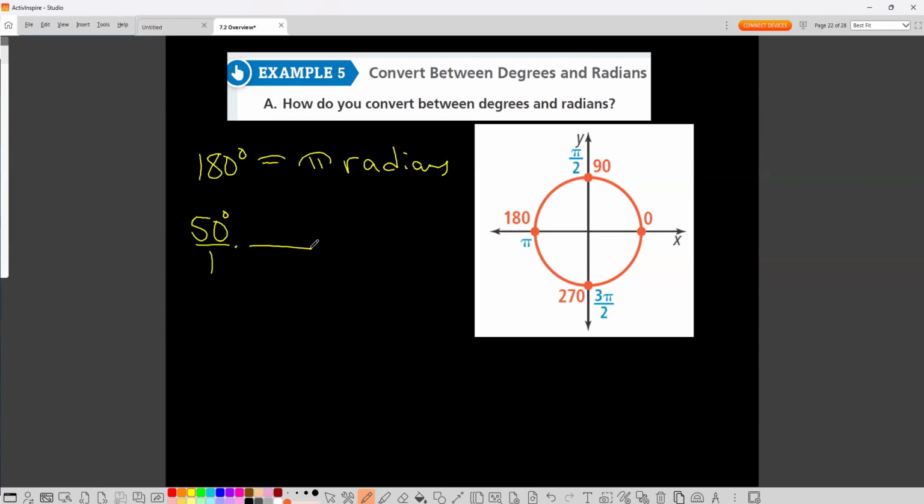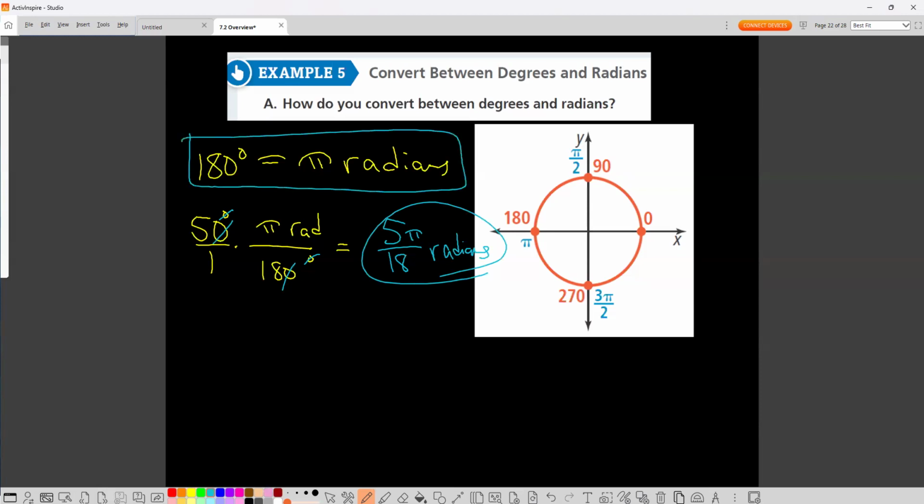If I want to get rid of degrees, I'll put it down here, and if I want to end up in radians, hopefully you've done this in science before, so you understand that degrees divided by degrees, those labels can cancel out, and I'm left with, if I divide by 10, 5 pi over 18 radians. But it's all based off using this as a conversion factor.